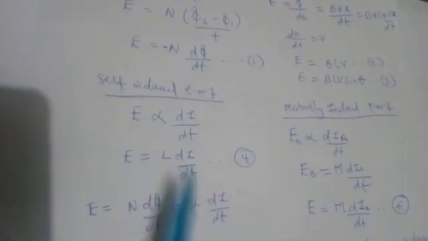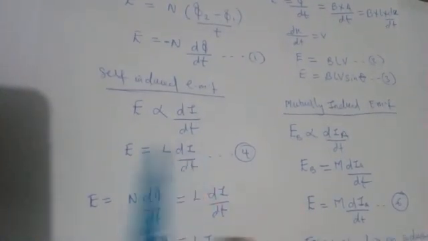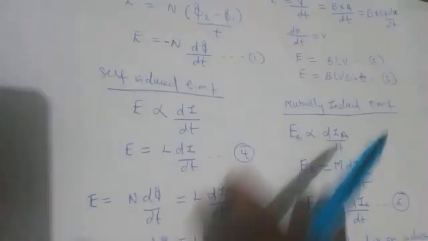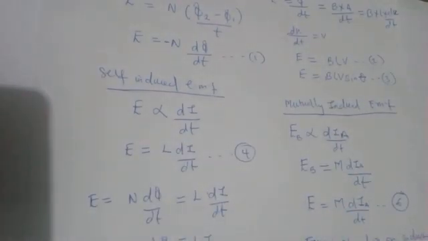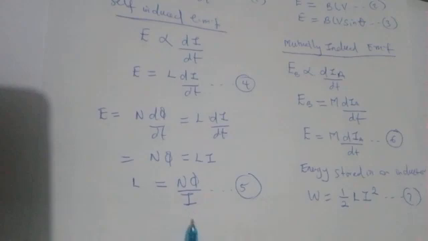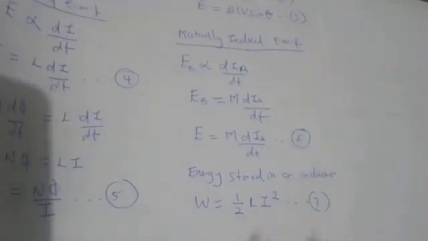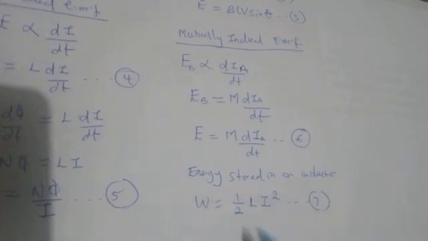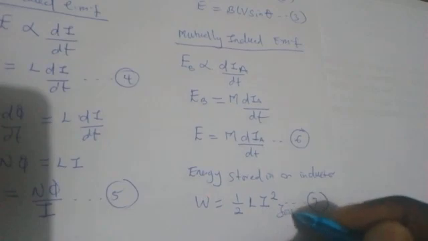We're able to generate our L, inductor, as the constant of proportionality for self-induced EMF. This is the relationship where your N, number of turns here, multiplied by the flux over the current, and down to the mutually induced EMF, and the energy stored in an inductor is given by W equals half Li squared, all in joules.